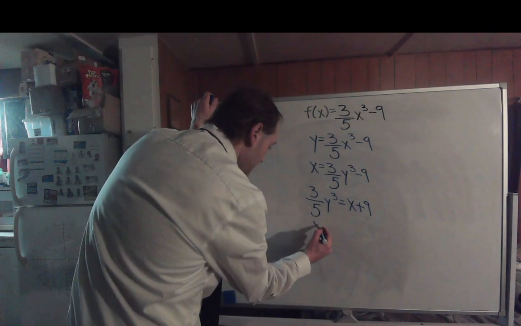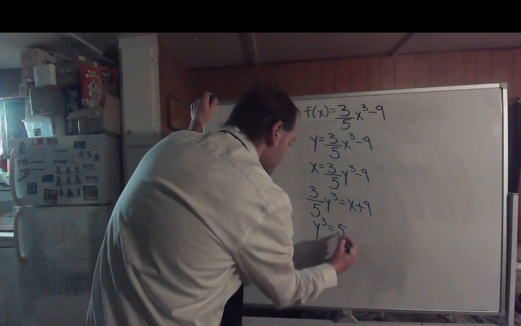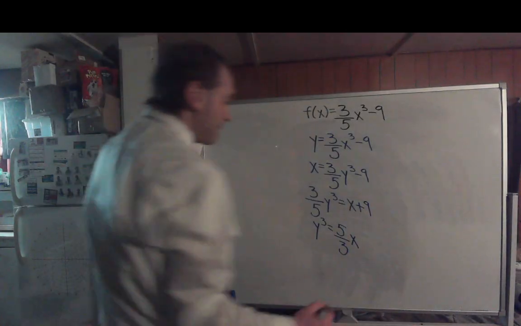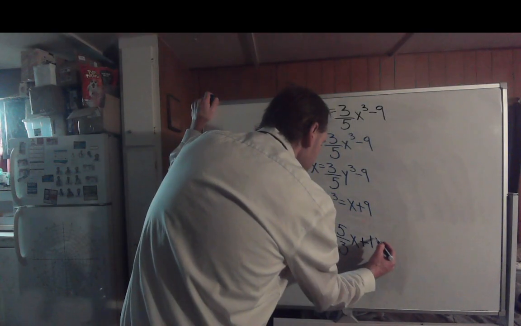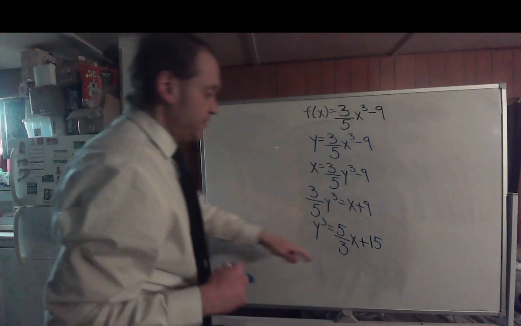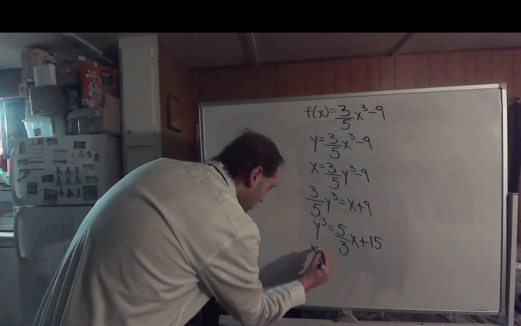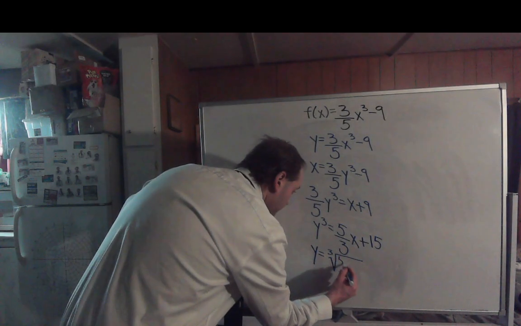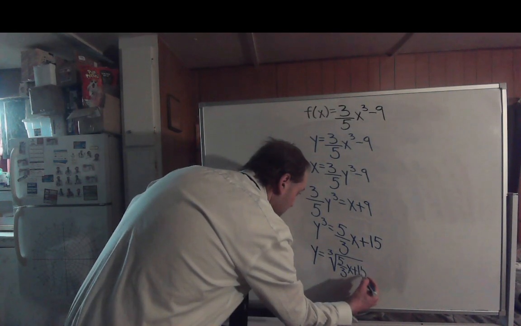So then y to the third would end up equaling 5/3 x plus, let's see, plus 15. So y to the third would equal 5/3 x plus 15, which then means that y would equal the cube root of 5/3 x plus 15.